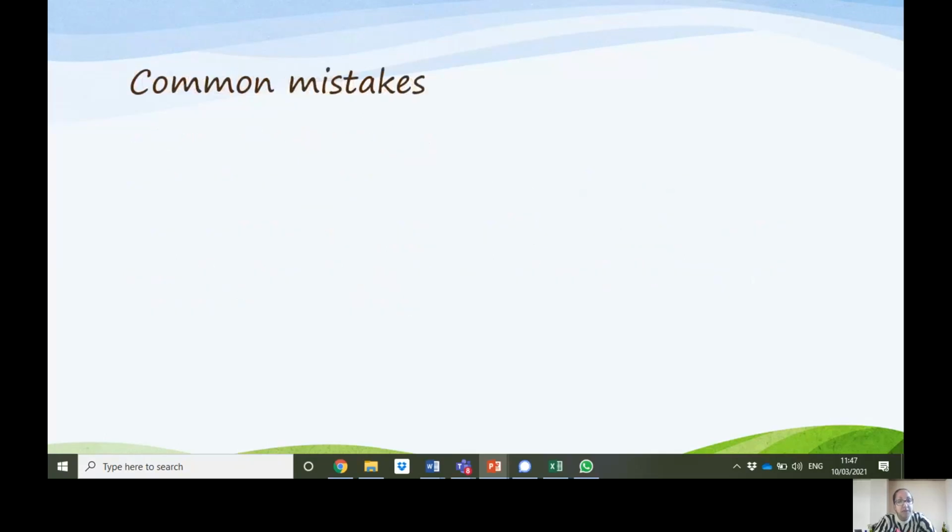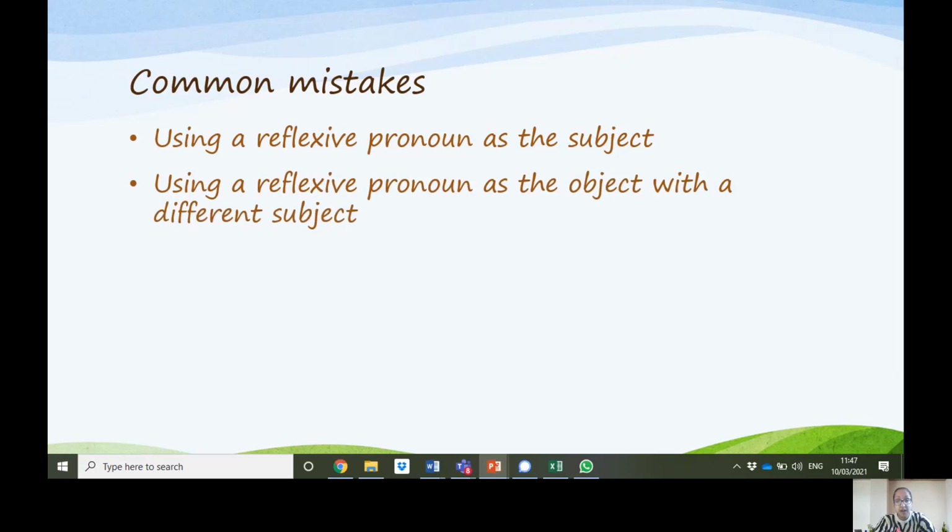There are some common mistakes that native speakers make with reflexive pronouns. Sometimes people use a reflexive pronoun as the subject of a sentence, which you can't do. Sometimes people use a reflexive pronoun as the object of the sentence, but there's a different subject.